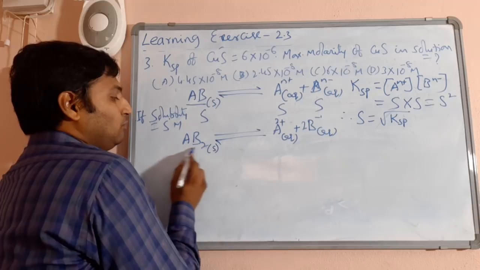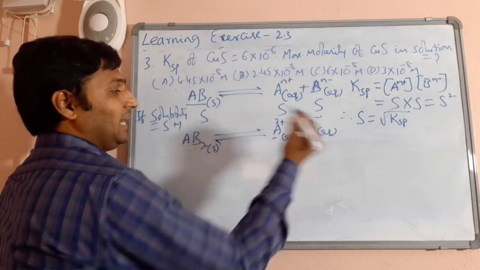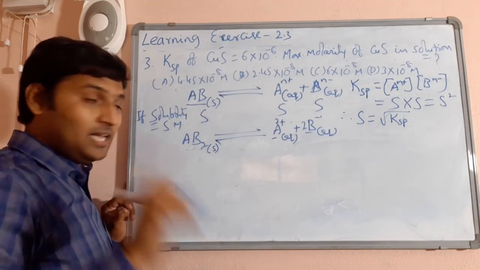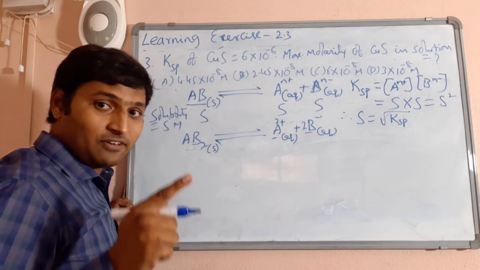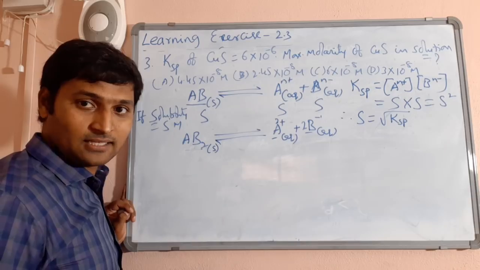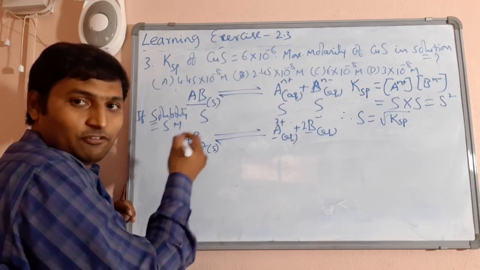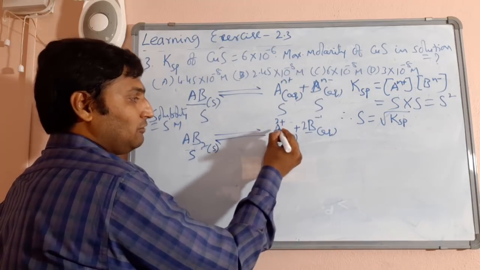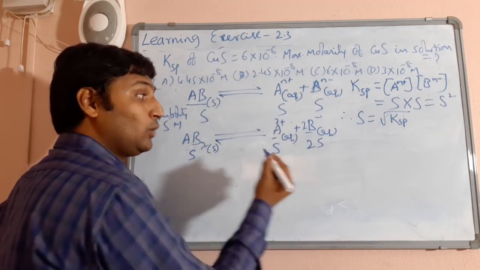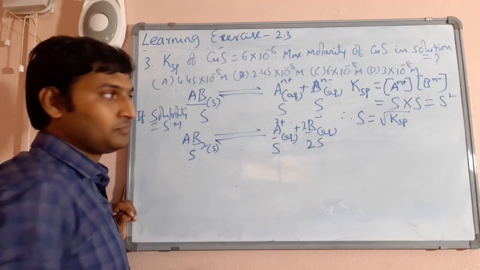So each mole of salt gives 1 mole of cation and 2 moles of anions. Now if solubility is S and S moles have dissolved, however much is dissolved, that much only forms ions, right? So if S moles of AB2 is dissolved, then S moles of A^2+ and 2S moles of B^- will be formed.